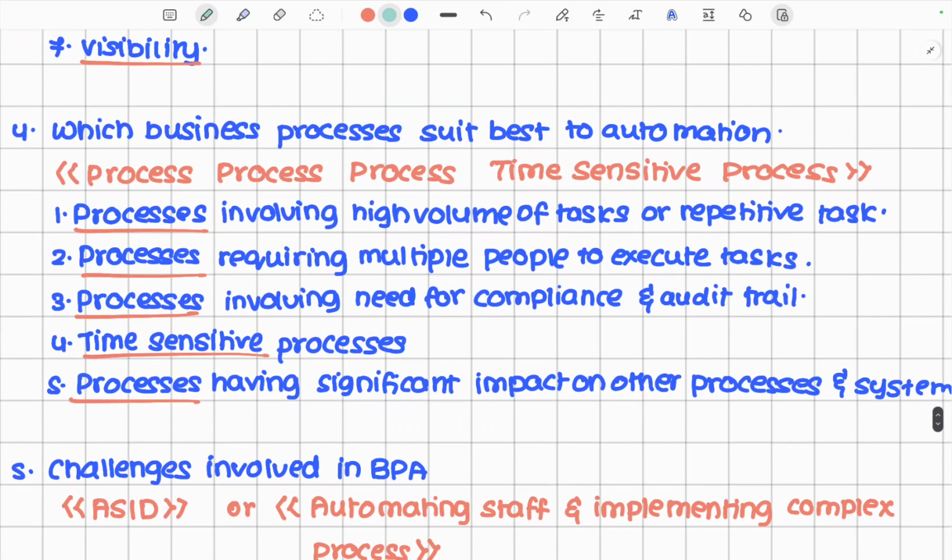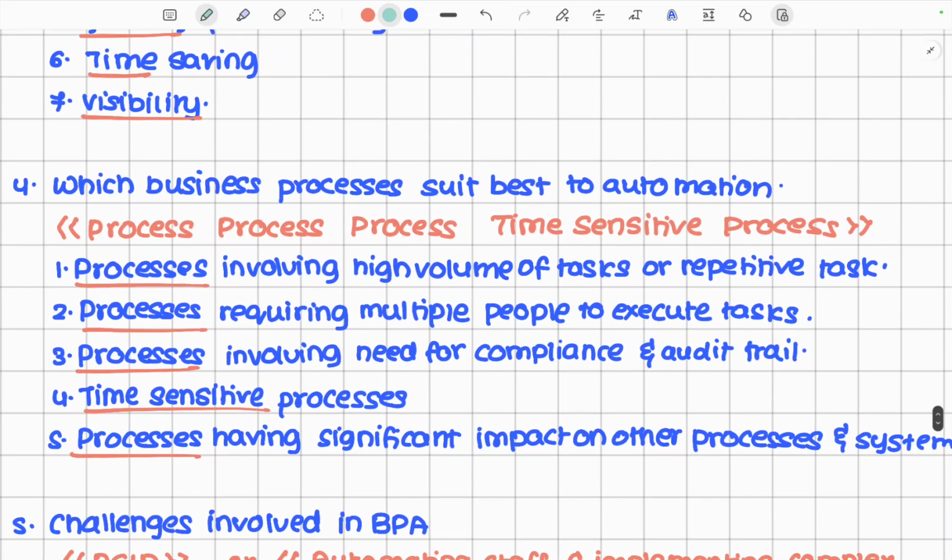Next question. Which business processes suit best to automation? So you'll ask the question, process, time sensitive process.